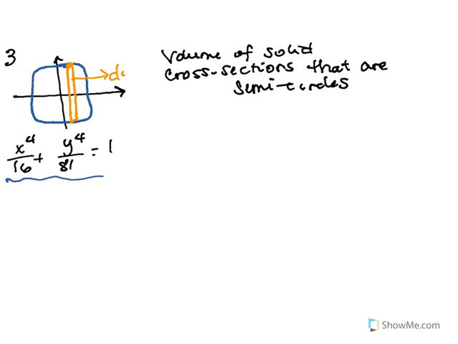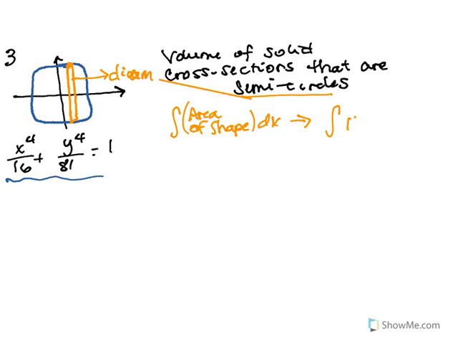This thing that I've drawn here would be the diameter of our semicircle. Now to find the volume of the solid, our formula is the integral of the area of the shape dx, and since our shape is a semicircle, we're going to integrate pi r squared over 2, the area of the circle divided by 2, dx.